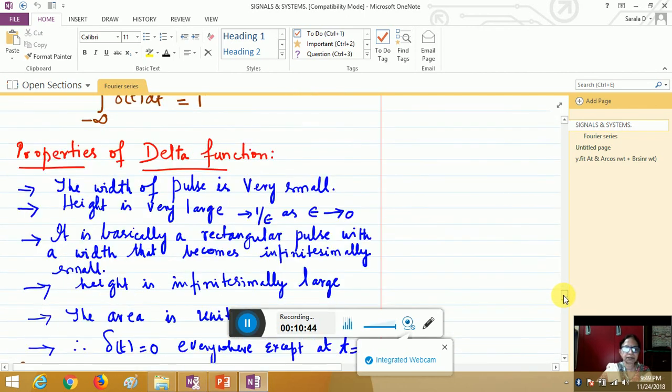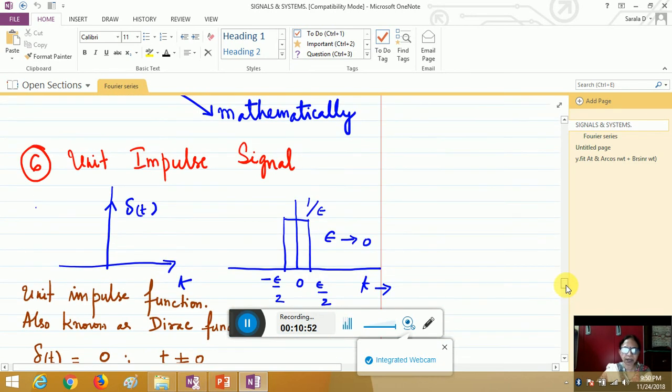Properties of this delta function. The width of the pulse is very small and the height is very large because it is tending to a very high value there, and it is represented by this. It lies in the time interval between minus epsilon by 2 and epsilon by 2.